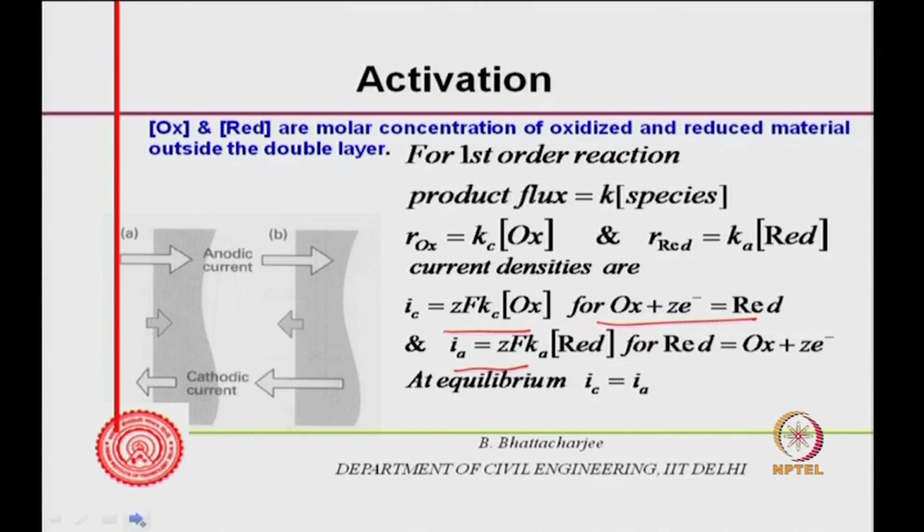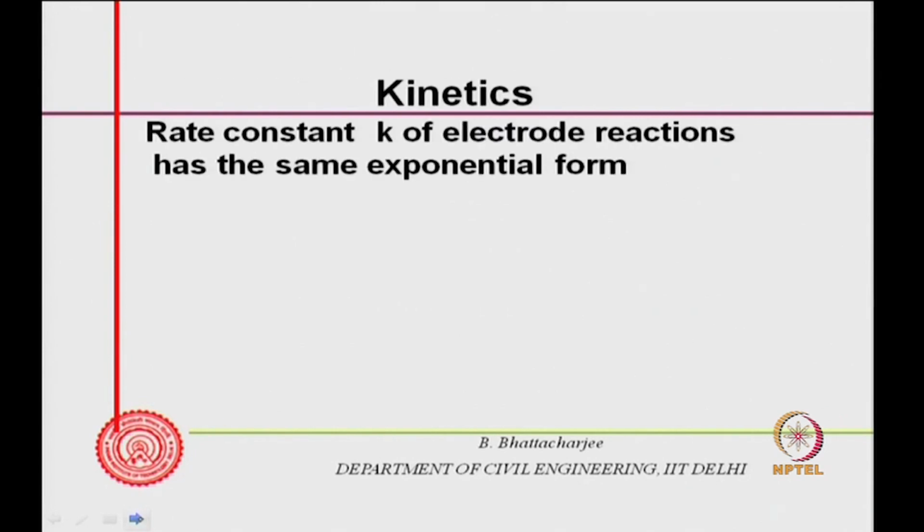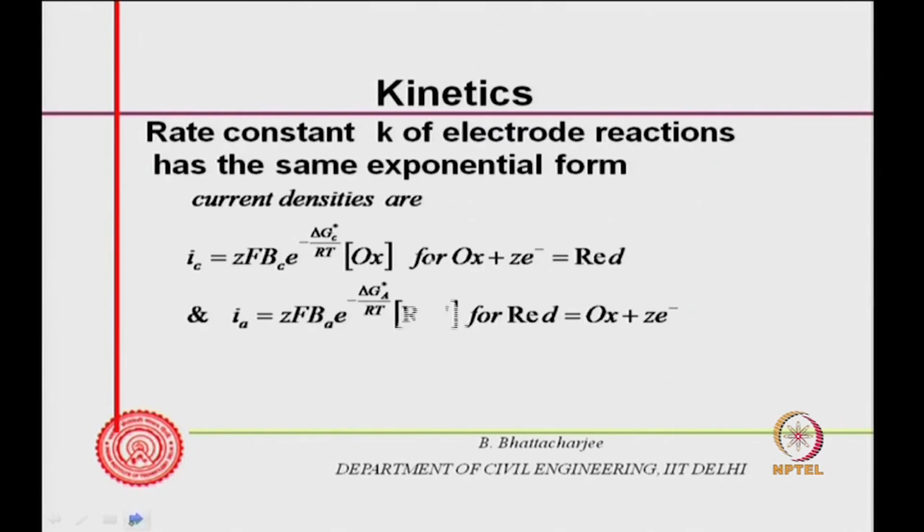Therefore, no net current is passing. But if I am supplying some current, then some current should be passing through it. According to Arrhenius, K can be replaced by the free energy divided by RT, which is the activation energy. So IA and IC can be replaced like this: ZF, some constant, into e to the power of activation energy divided by RT.